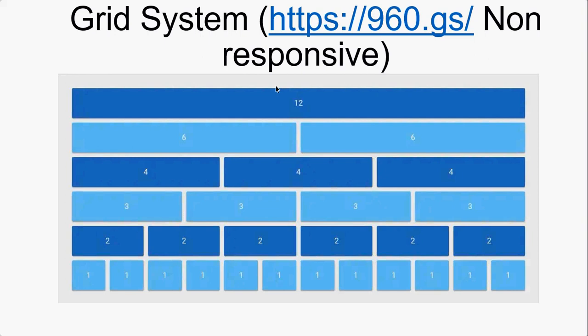So based on the screen size, how we divide our UI into columns, that we can do by using our grid system. For this we have different grid classes, which we will see in our grid system session.